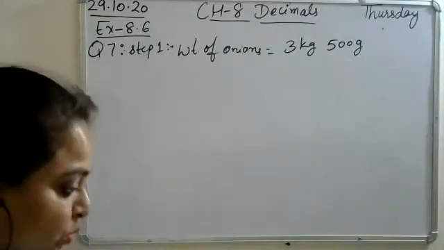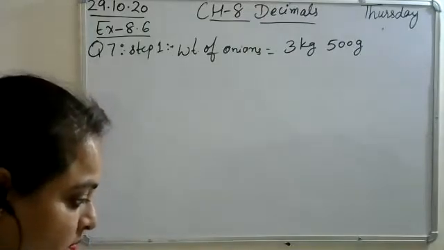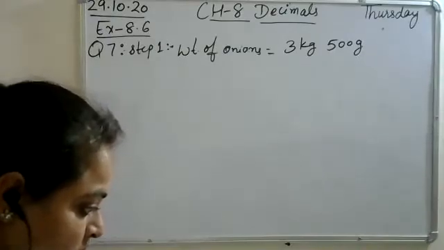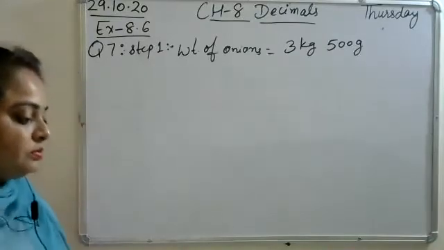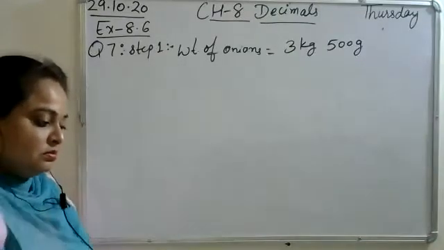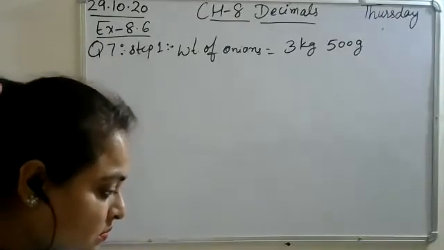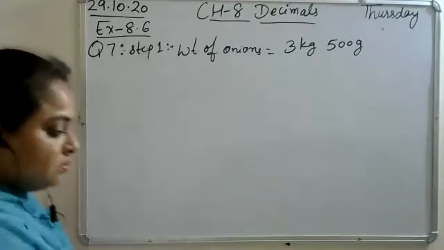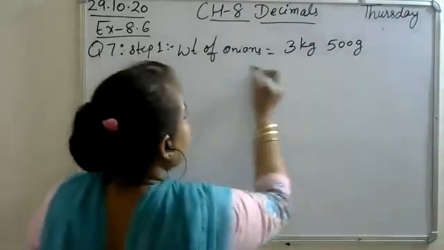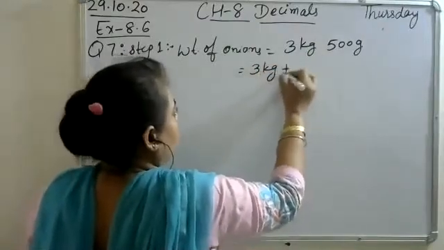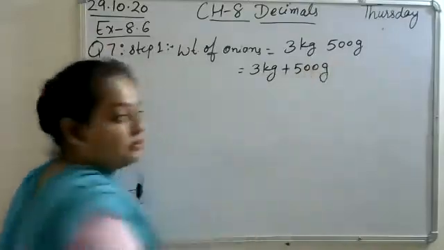Tell me the first step to solve this. Ajit. So first is separation with the help of plus sign. So 3 kilogram plus 500 gram.